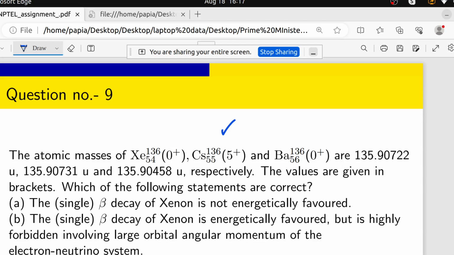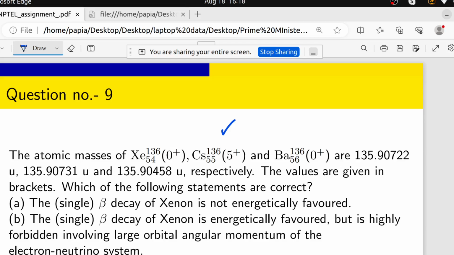Cesium 55, 136, it has spin-parity value 5 plus. And barium 56, 136, it has spin-parity value 0 plus. These all three have the atomic masses given respectively. Now the question is, which of the following statements are correct?